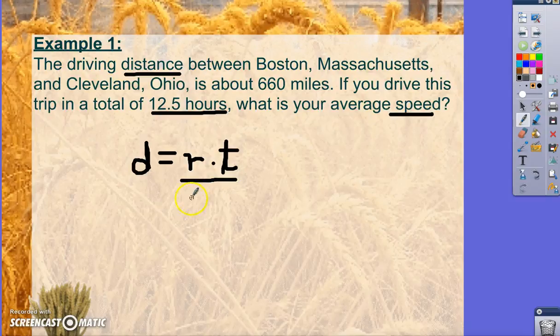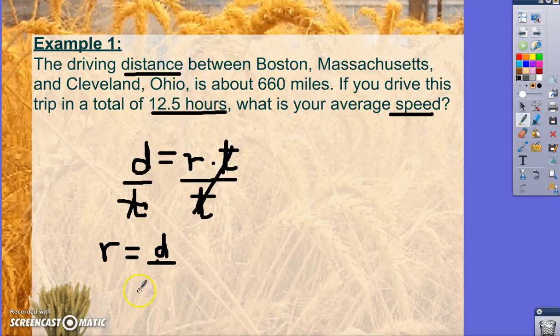So if you remember from the last lesson, let's already rearrange the formula. Because remember I said in the last lesson, sometimes it's easier to rearrange them first before you actually go about solving. So if we want speed or rate by itself, we're going to divide by t on both sides. And we're going to use rate equals distance divided by time.